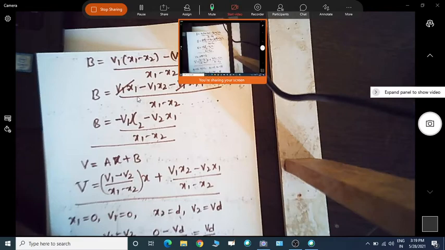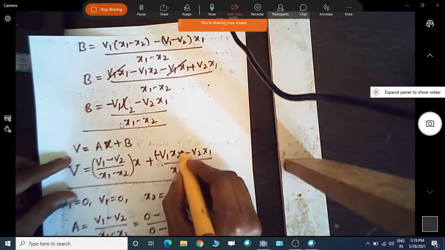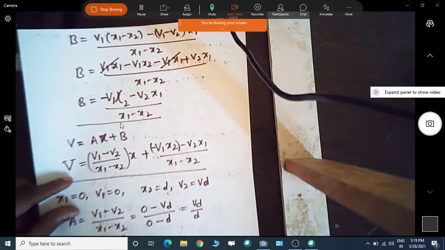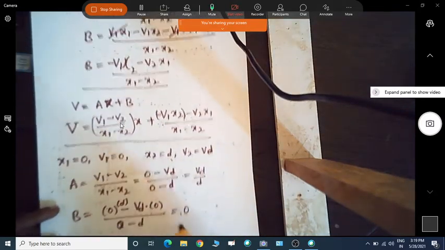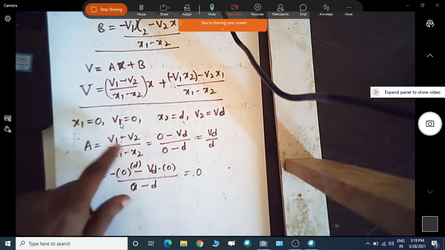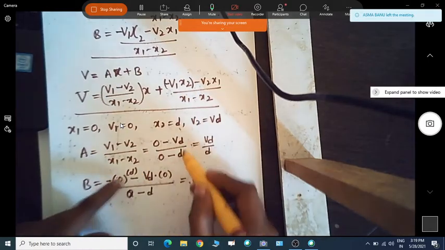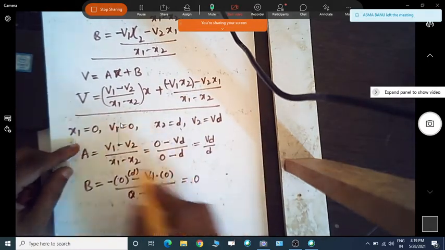So here it is minus v1 x2. Since we have applied v1 which is 0 and x2 which is d, this will give the b value 0.